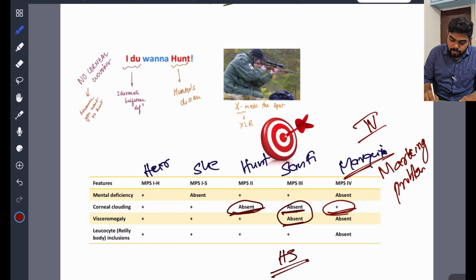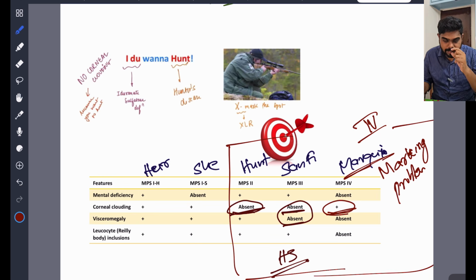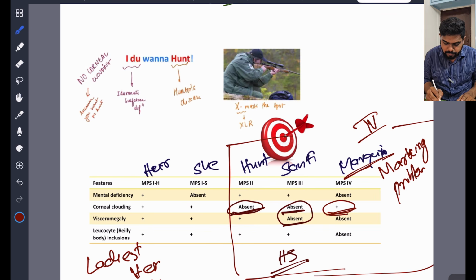Okay, so we discussed all these 3, and there is a small change here. I don't know if there is any mistake, please check it. So ladies first, Hurler and Scheie. Here Hurler has everything positive: mentally retarded, corneal clouding, visceromegaly. And Scheie is not mentally retarded.